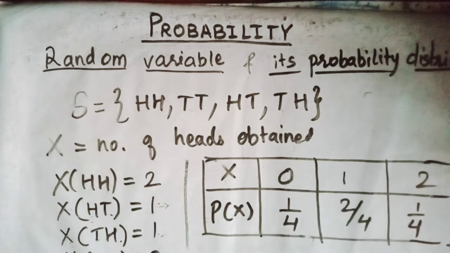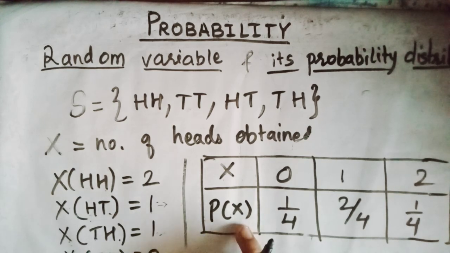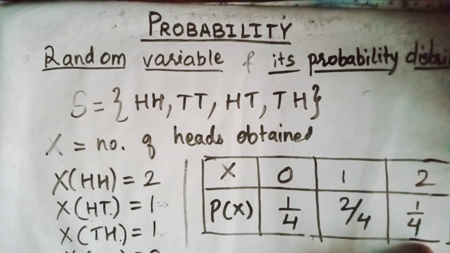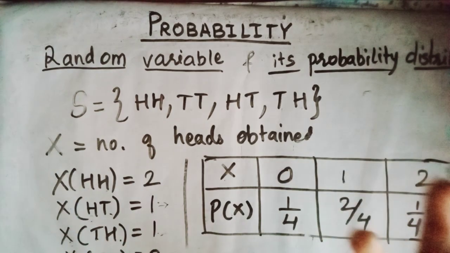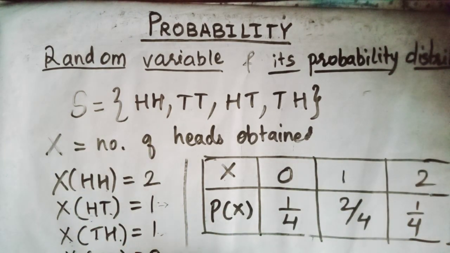Now let's check whether the addition of all these probabilities is 1 or not. It should be 1, because this is based on a single event, that is tossing a coin twice, right? So let's add P of 0 plus P of 1 plus P of 2.